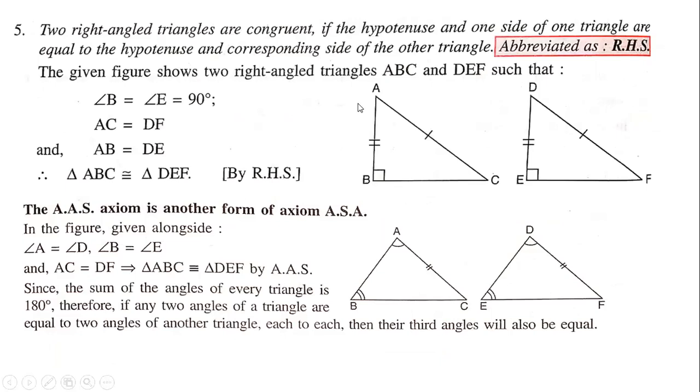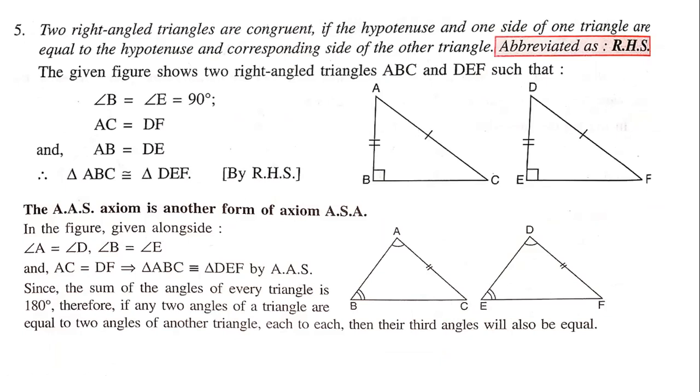Come to the last one, the important one, the fifth axiom. This is RHS. If there is a right angle triangle, then you have to mention that in two right angle triangles ABC and DEF, where angle B is equal to angle E is equal to 90 degrees.